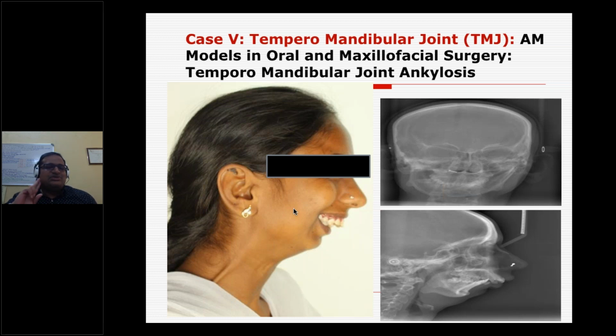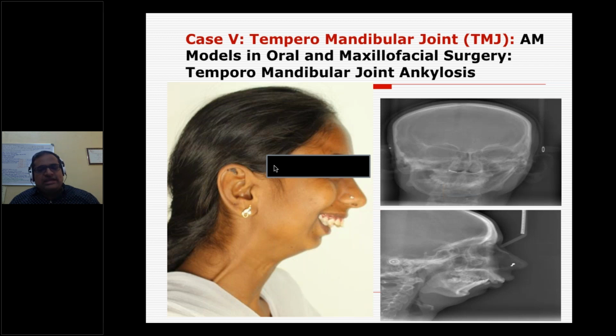TMJ means your lower jaw and upper jaw should articulate easily like this, with the disc portion and the condyle portion going and sitting in your maxilla portion, that joint part called TMJ. For a healthy normal person it should articulate freely, but the problem with her is it got fused, and by birth it got fused. So we need to release that fusion of the joint.